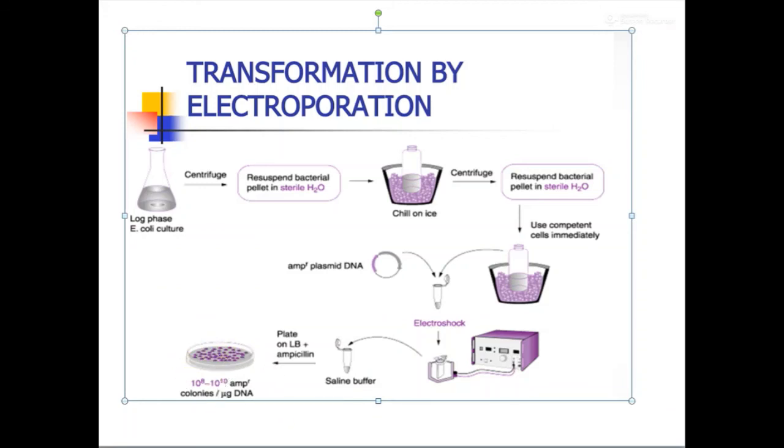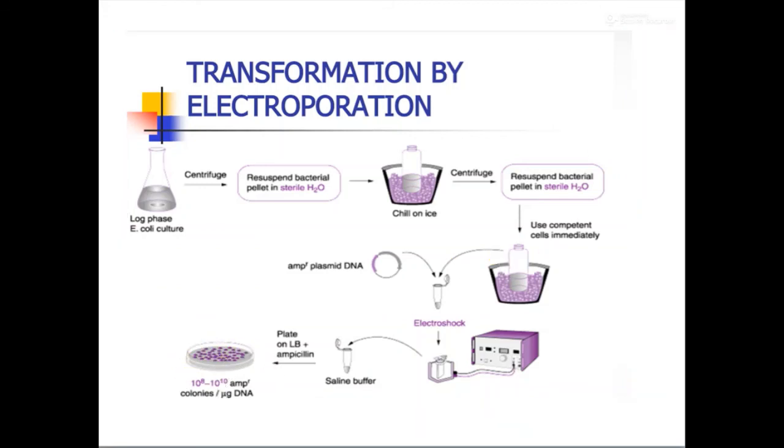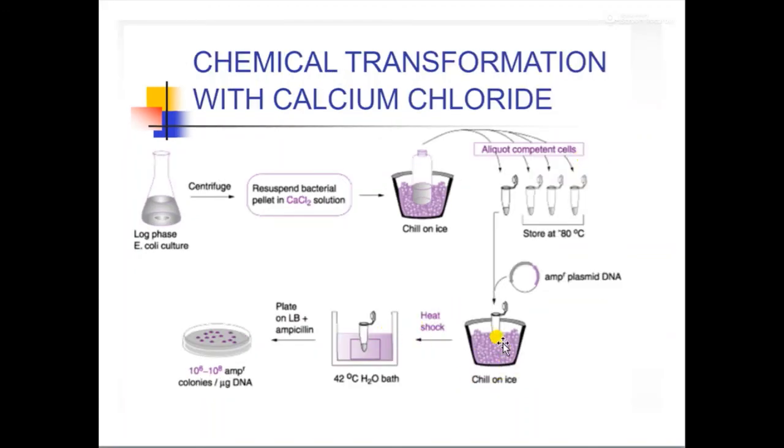So unlike the other step, in the previous step, after preparing the competent cells, we had given what? Just have a look. We had just incubated it on ice and then given a heat shock. That was the transformation protocol that we used there.